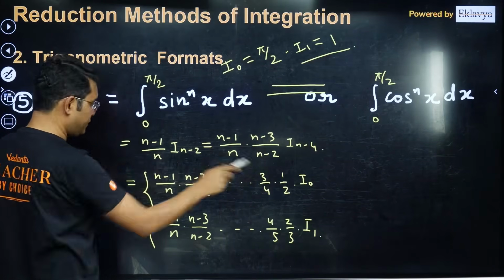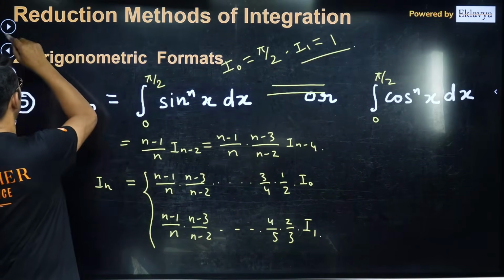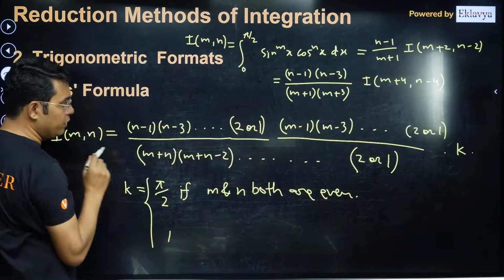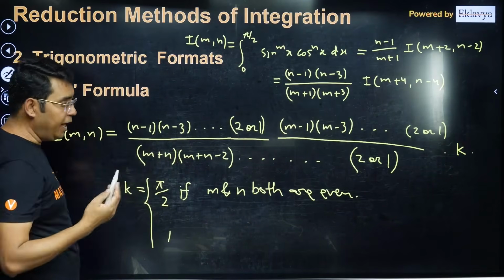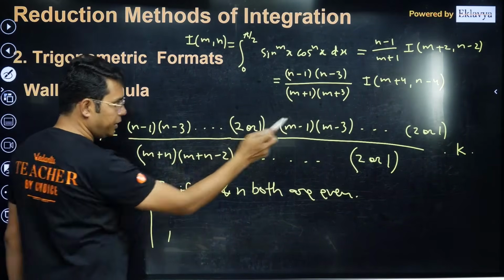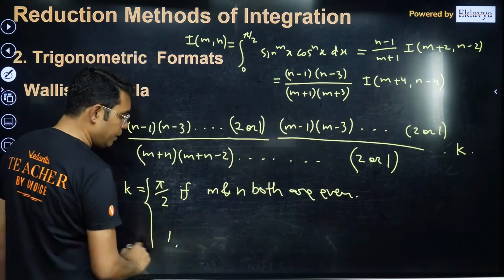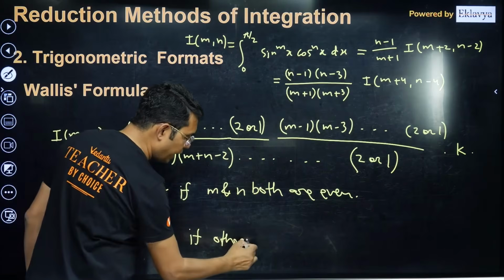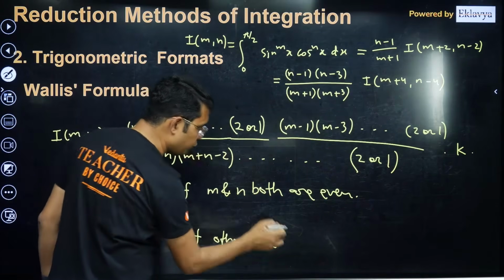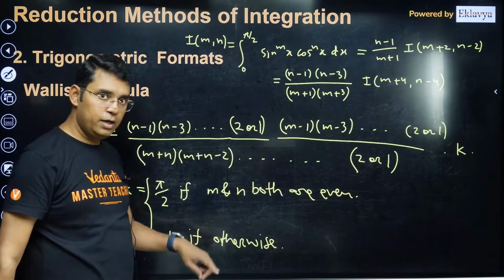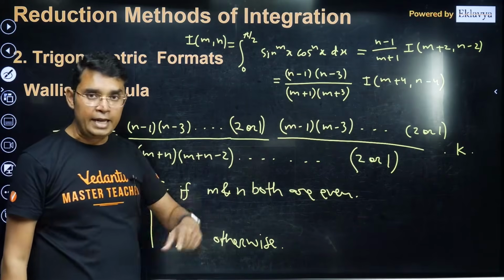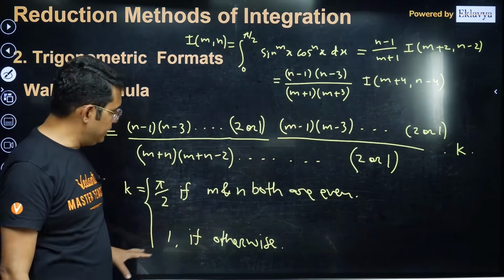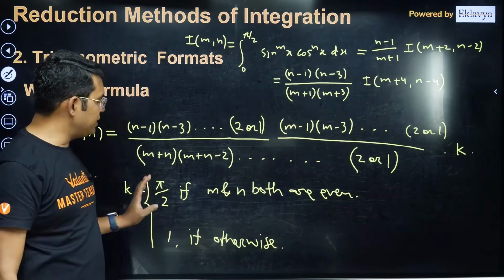So this is the case when n becomes even. Because of the same reason, when both m and n are even, this k will become pi by 2 and it will become 1 if otherwise. Otherwise means any other case out of 4: m even, n odd; m odd, n even; or both odd. In this case, it will be 1, otherwise it will be pi by 2.